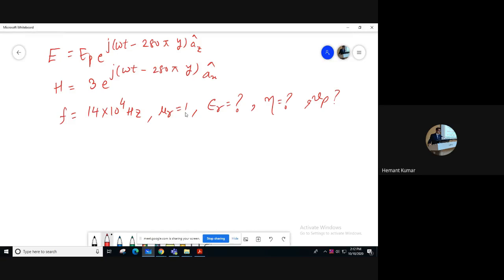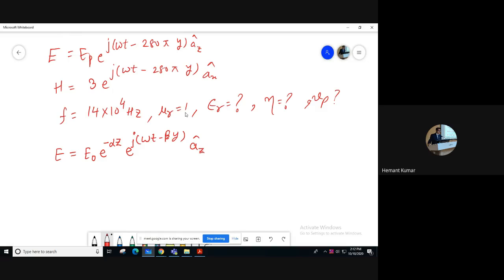So first you need to equate this equation with our general equation. What is the general equation? The general equation says e^(−αz) e^(j(ωt − βz)) ax, right? But the equation is given in terms of y and az, so you just need to replace them accordingly.